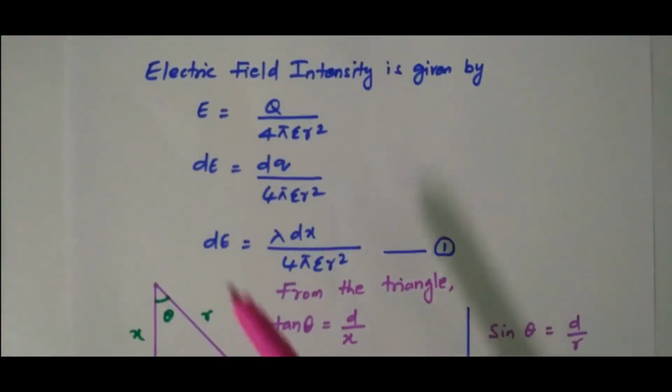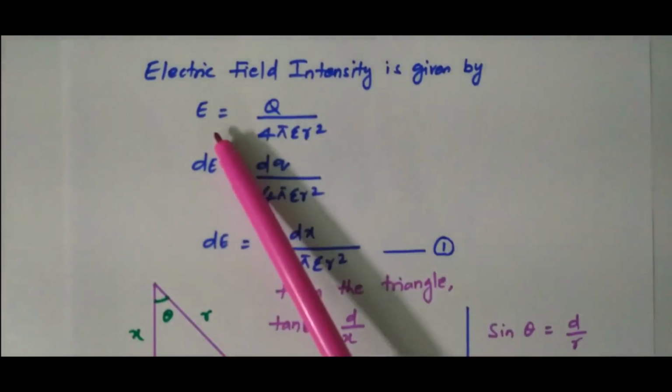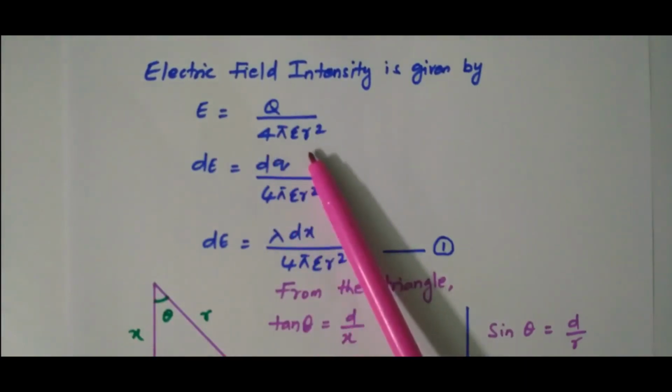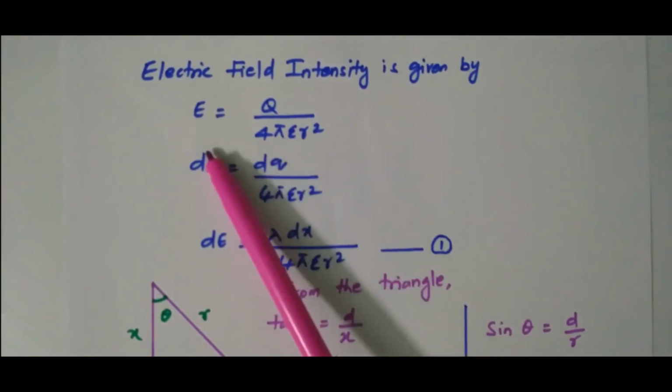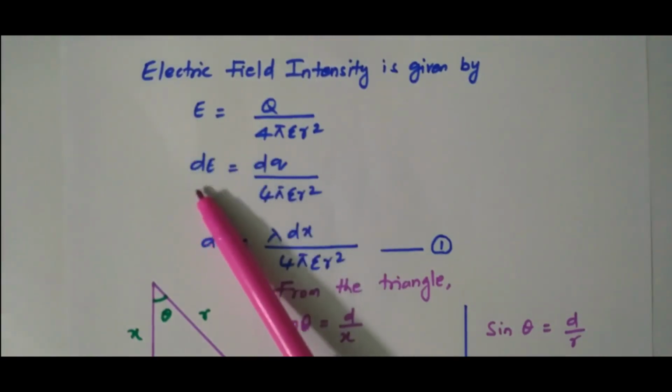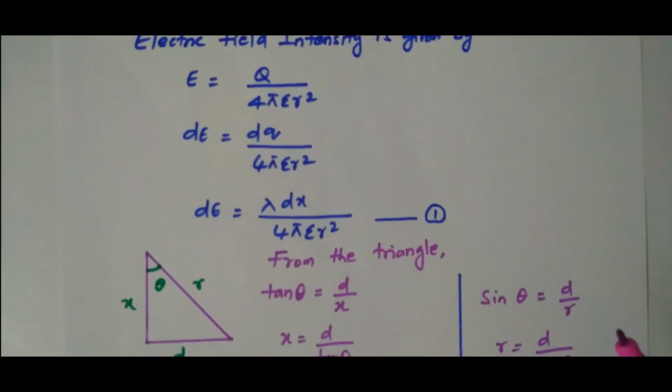Now we'll see the electric field intensity. The general formula we just discussed, E equal to Q divided by 4 pi epsilon R square. That is the general formula for electric field intensity. We consider the small charge dq, so the electric field intensity is also small, dE. Further we can go for integration. At that time we will get the total electric field intensity.